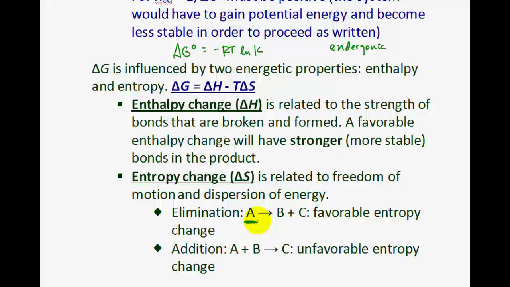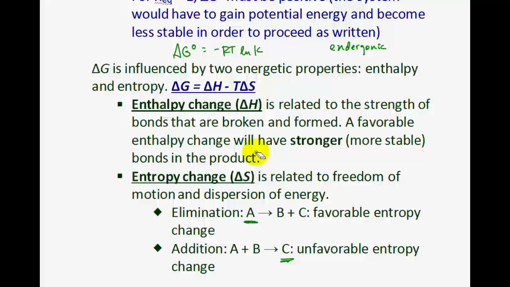Addition is the opposite, though. You take two molecules, you combine them together to make one. What was more dispersed energy now gets more concentrated into half as many molecules. That's an unfavorable entropy change. Addition reactions really can only be spontaneous if their enthalpy change is such that it can override the entropy. Okay?